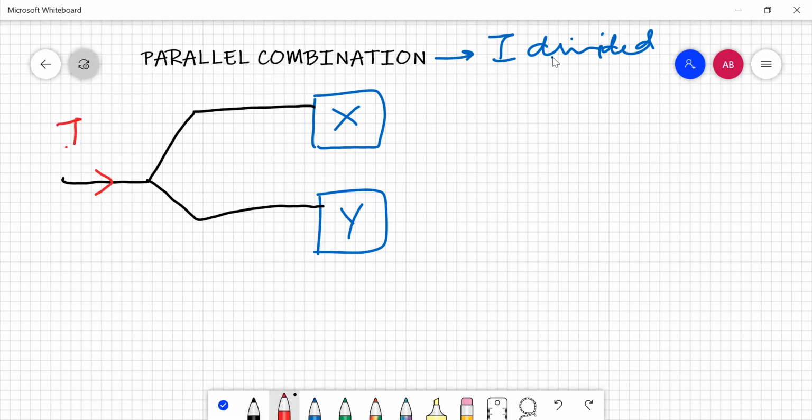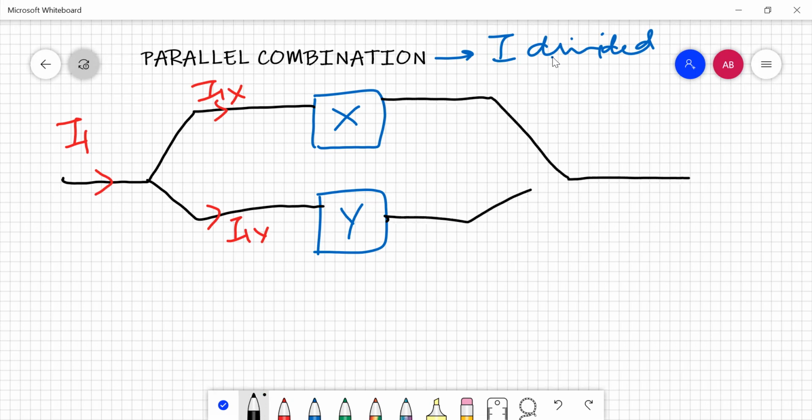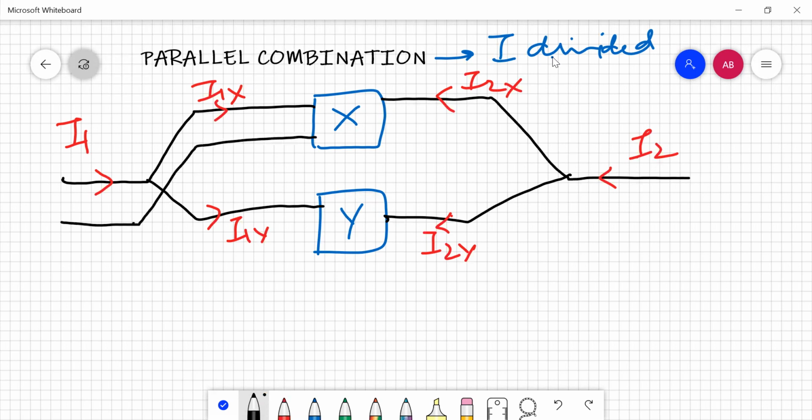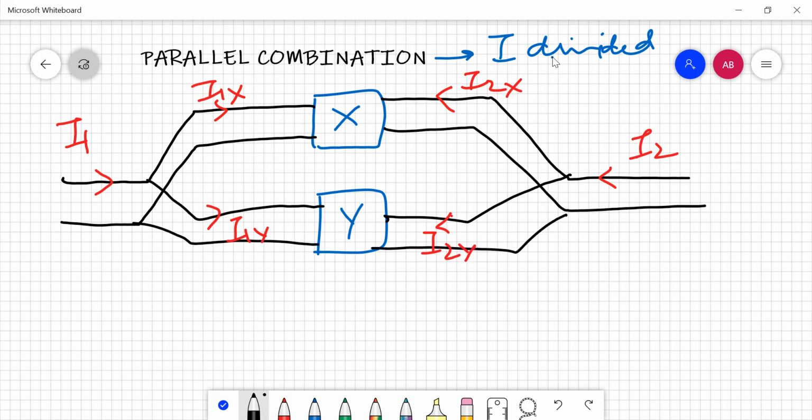So if this is my current I1, now it should get divided into I1X and I1Y. Similarly for the output, here I will be having my I2 current entering, and so here it will be I2X and here it will be I2Y. So now for the voltage and for the backward path, we will be having another line like this and like this, right?